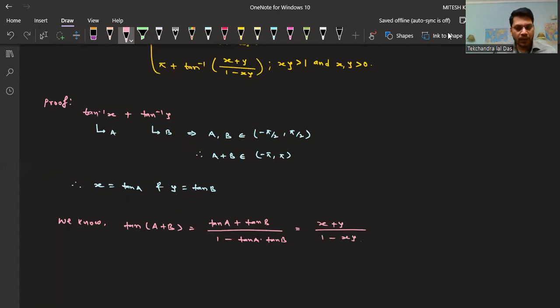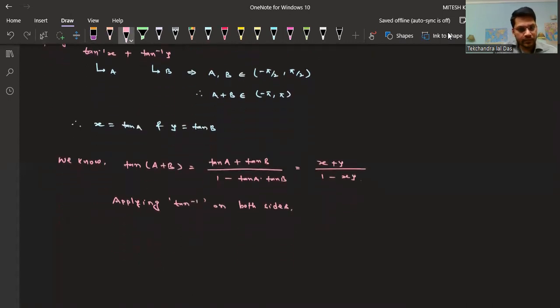Clear? Now we'll apply tan inverse on both sides. So applying tan inverse on both sides, we'll get tan inverse of tan of (a plus b) equal to tan inverse of (x plus y) by (1 minus xy).